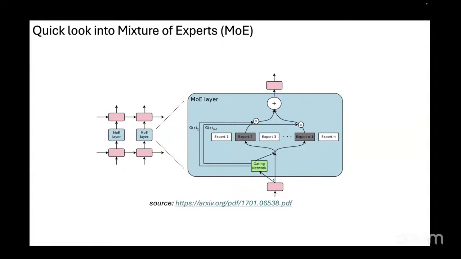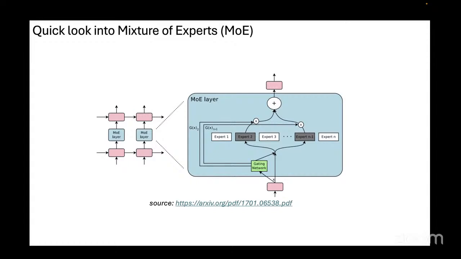And then each of these experts is used in an ensemble fashion, where the gating network chooses which particular expert to activate for the flow of information for a particular token. This kind of architecture helps to have different sets of neural networks to capture different nuances in the data that you are working on.